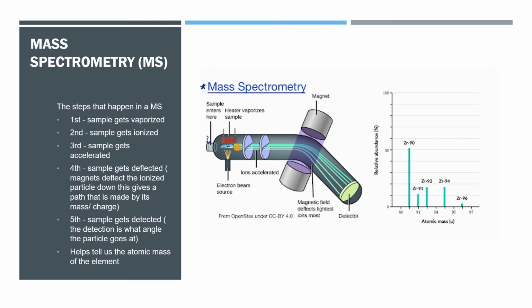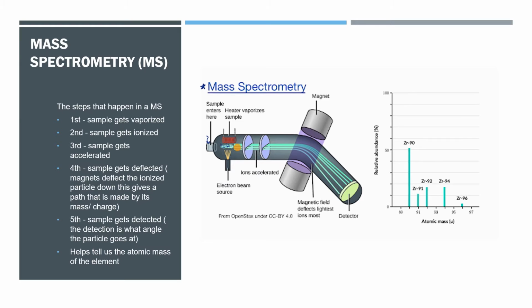Mass spectrometry, or MS, is a test that helps tell you how much atom mass there is in an element. This is done with a magnet and a detector, basically. So first, the sample that you have gets vaporized, then it gets ionized.